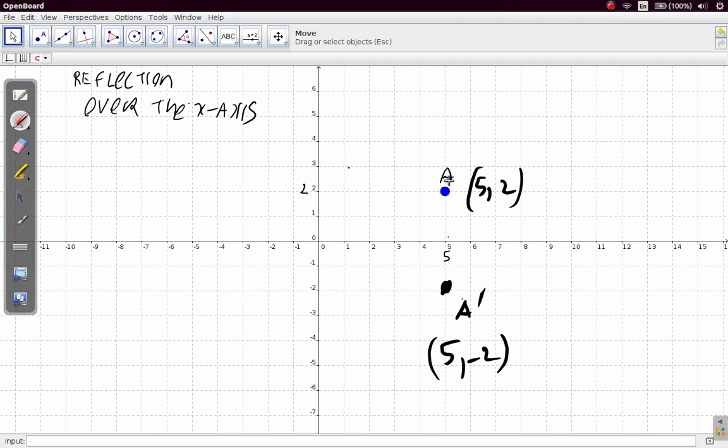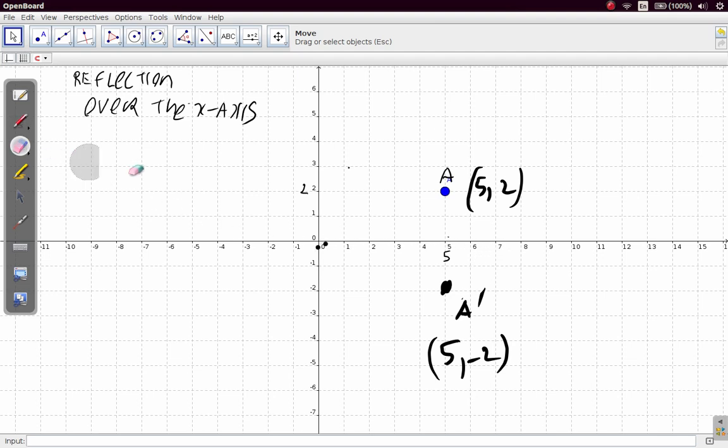It will line up below 5, A above 5, A prime below 5, but the distance up to A will be the same distance down to A prime, because the x-axis here is the mirror line.